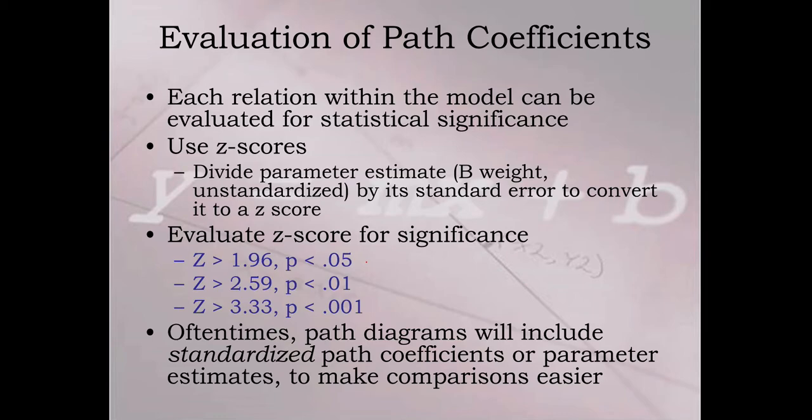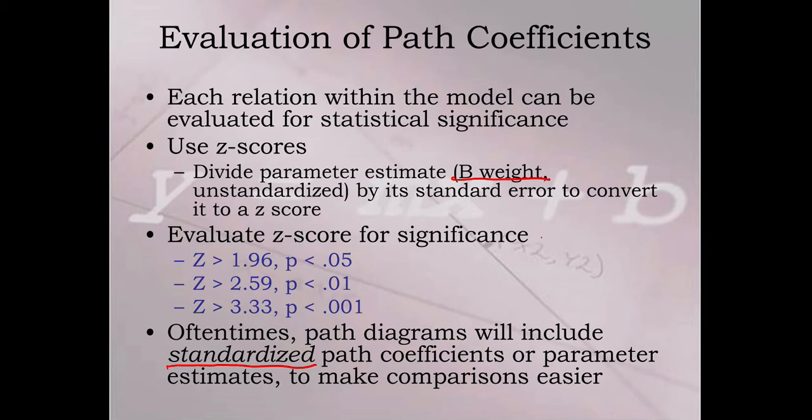If you don't present standardized coefficients, but instead you present the unstandardized, then you can't actually look at the B weights directly and tell which one is, quote, more important or stronger than the other. And that's why a lot of times the paths in a path model will be standardized.